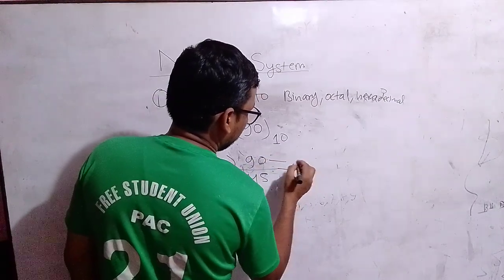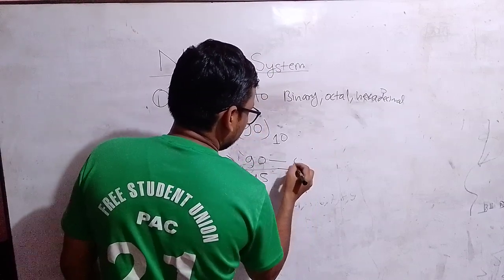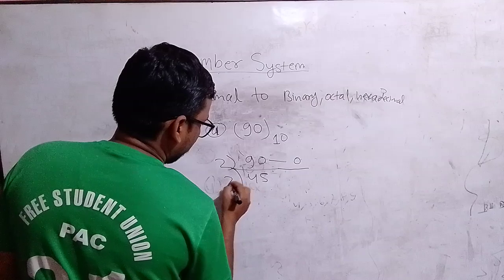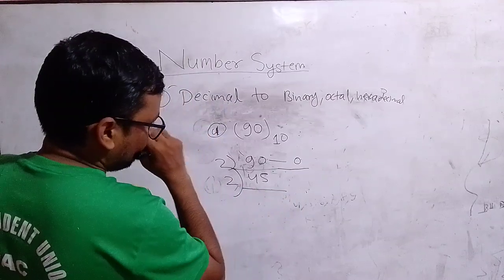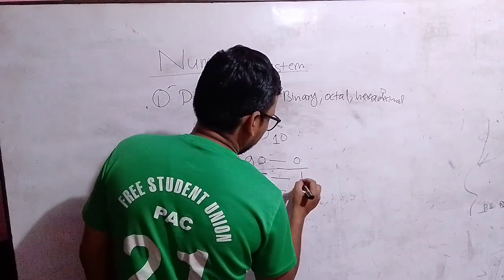And what will be the remainder? The remainder becomes 0. Now 2 into 22 is 44, that means the remainder becomes 1.